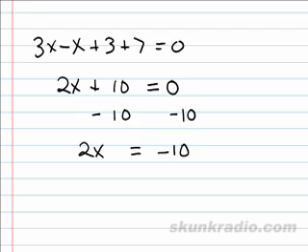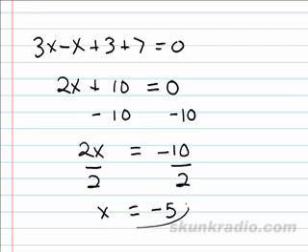Now I've got to get rid of that 2 that's with the x, so let me divide by 2 on this side. Whatever I do to one side, I have to do the exact same thing to the other. So 2 divided by 2 is 1, or just x is equal to minus 10 divided by 2, which is minus 5.